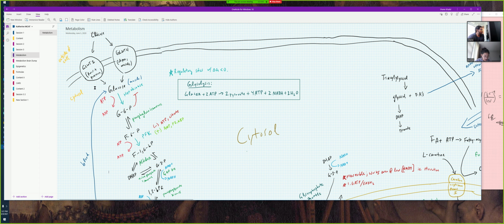The important part is to know why things happen. Tell me, why is this step irreversible? Because you need to trap the glucose so it doesn't leave the cell, so you phosphorylate it. And phosphorylating it does what? It traps the glucose in the cell. But how? You put a phosphate group on the oxygen.